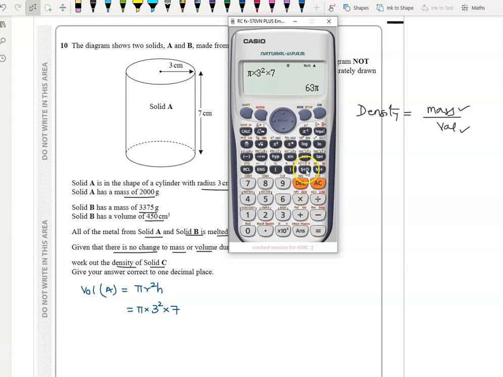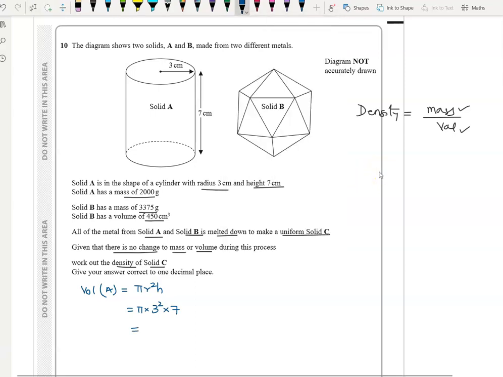That gives you 63 pi. So it is 197.92. So volume of shape A is 197.92 cubic centimeters.